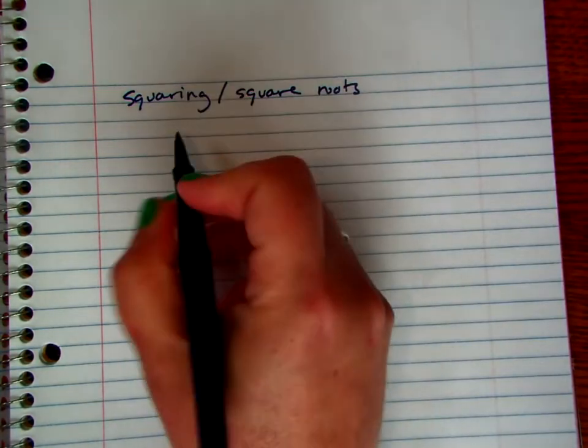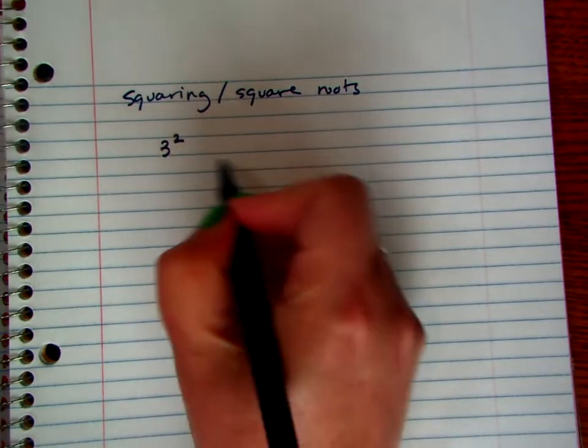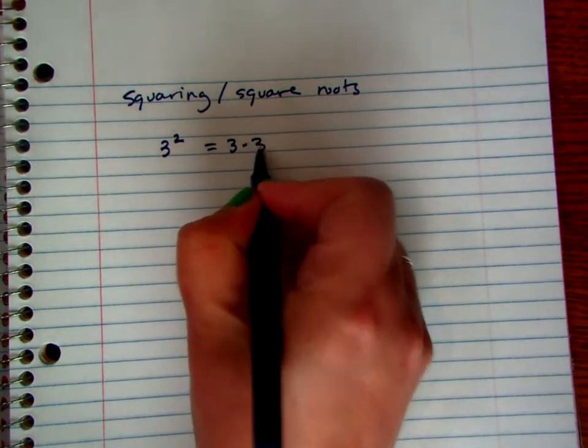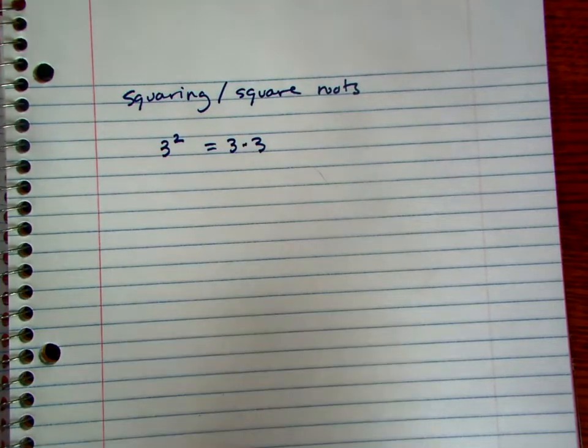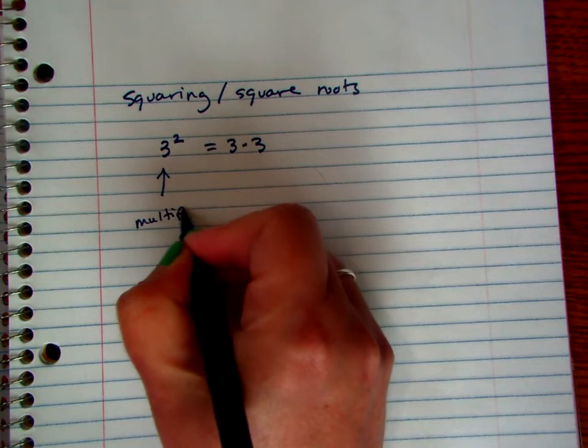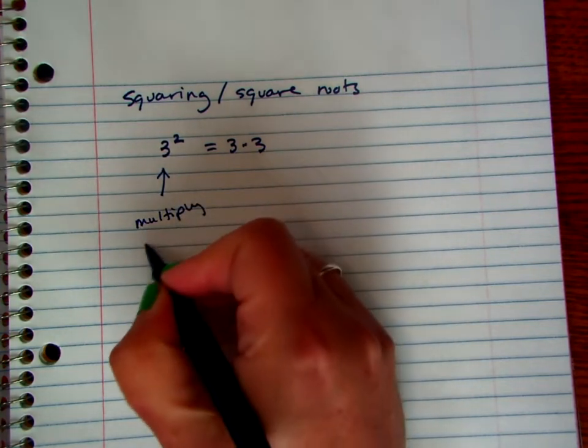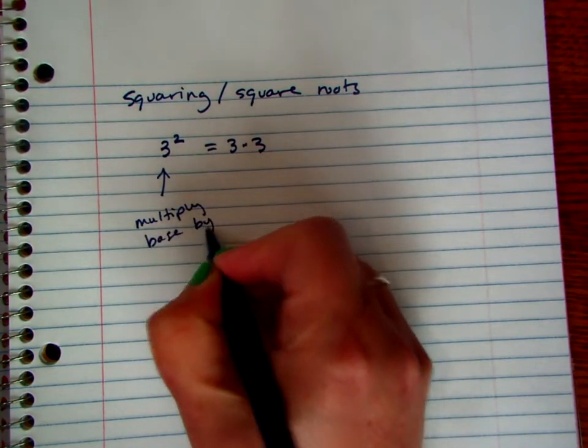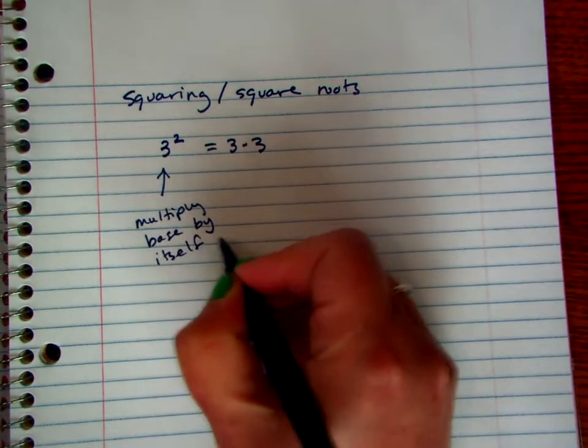Okay, so just a reminder that if we square something like 3 squared, that's 3 times 3. Basically squaring means you multiply the base by itself twice.